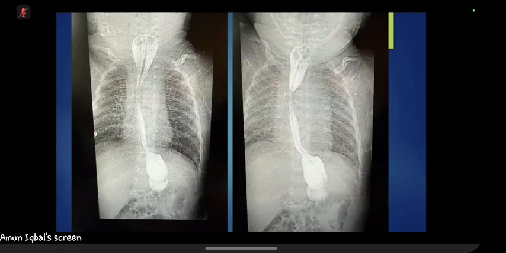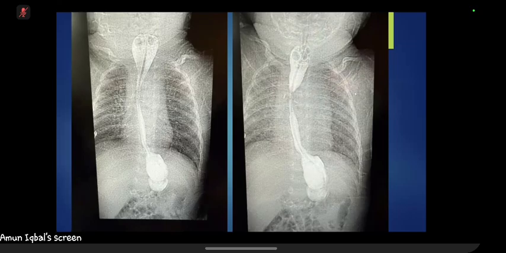Okay, so this is the continued part of this baby. This is a barium swallow of the 3-month-old child, showing a narrowing of the upper part of the esophagus.